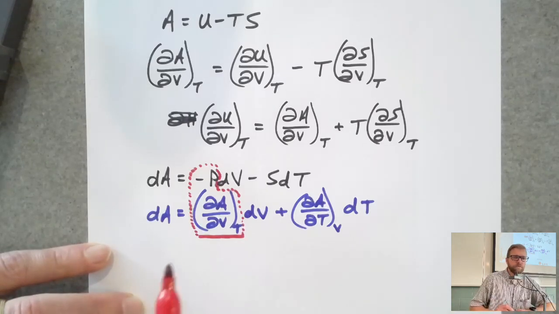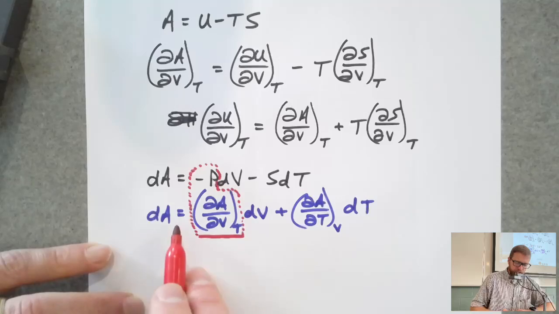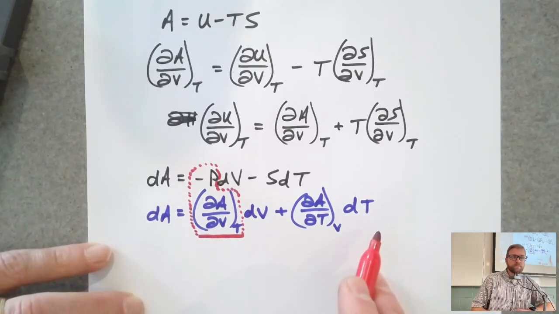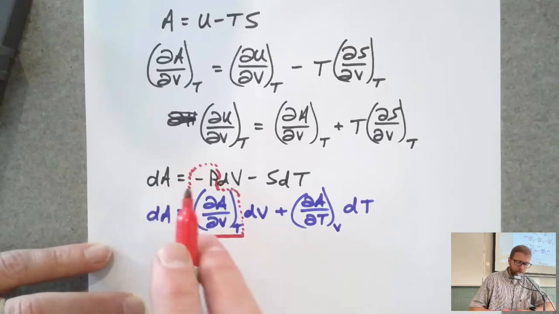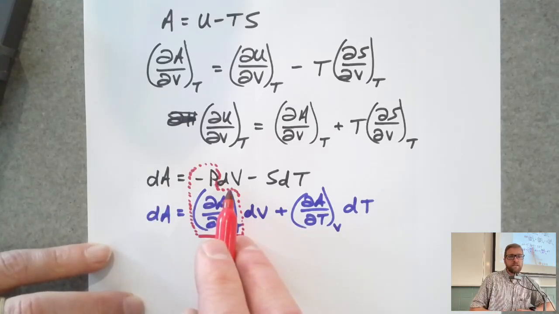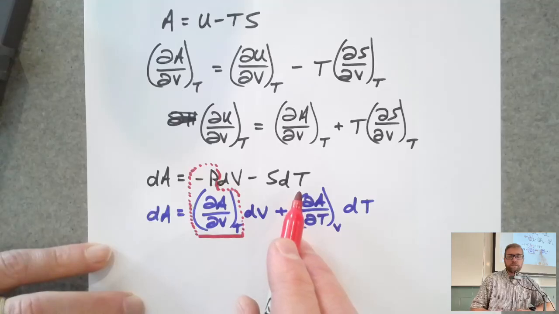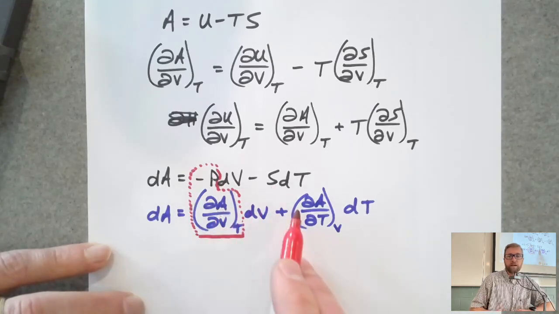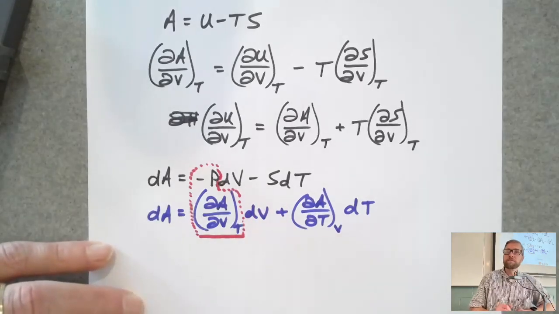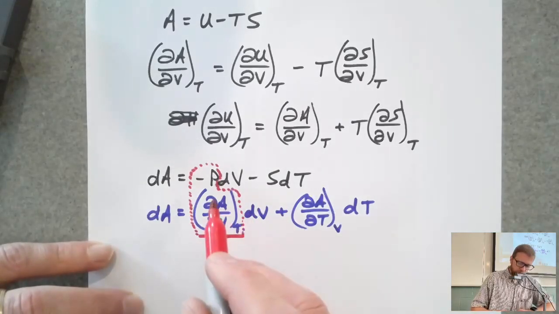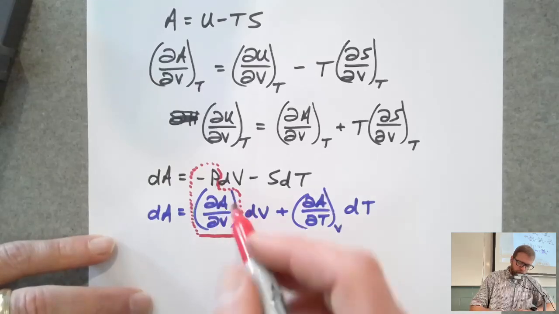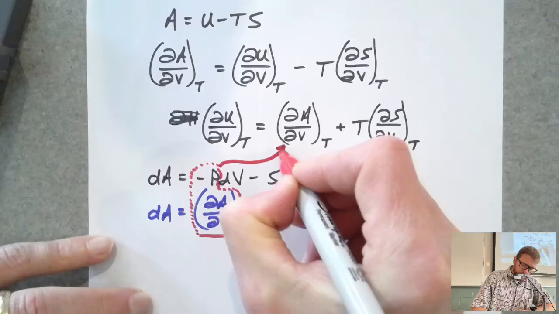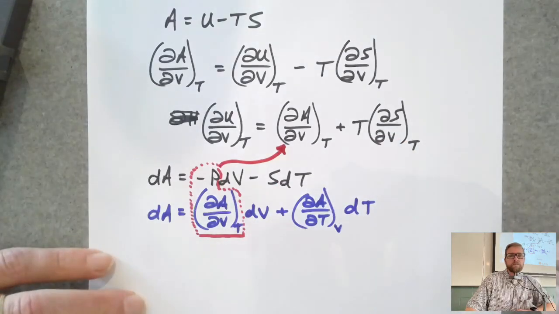Because I have here dA equals something dV plus something else dT. Well, here I've got dA equals something dV plus something else dT. So the somethings have to be equal, and the something else's have to also be equal. Right? So notice that we can just substitute in negative P directly into this equation.